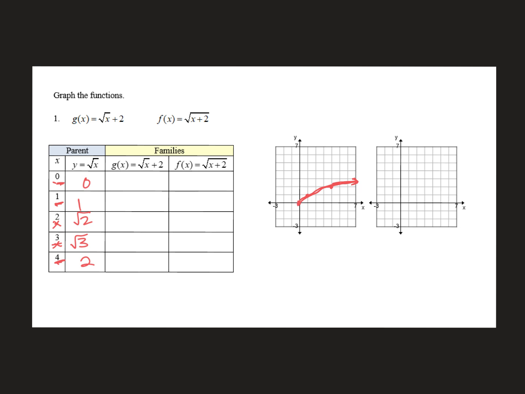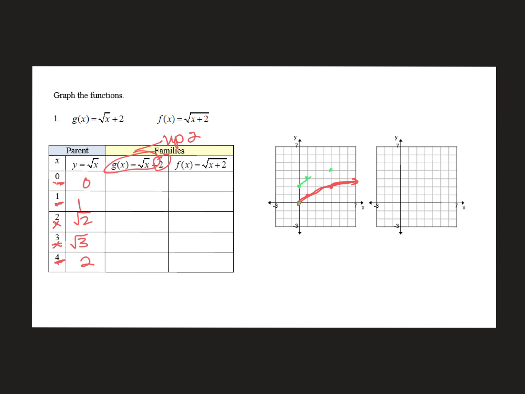Now, what I want to really discuss in this video is this idea of what these transformations are. Notice it's the square root of x plus 2. That means this g function is going to move the graph up 2. So up 2 means I'm going to take every one of these points and go up 1, 2, 1, 2, 1, 2.